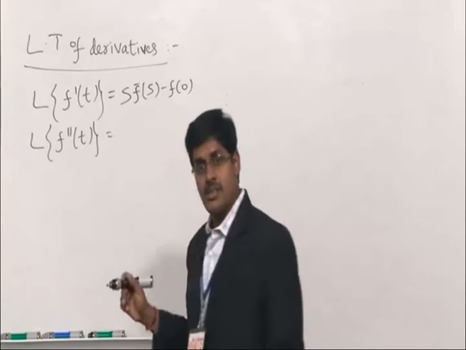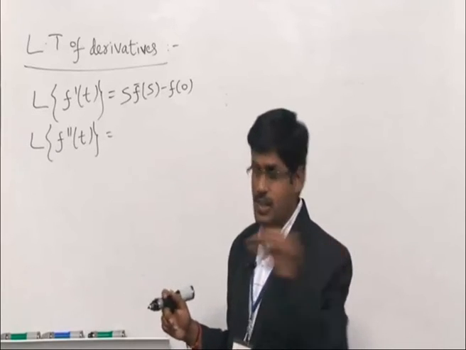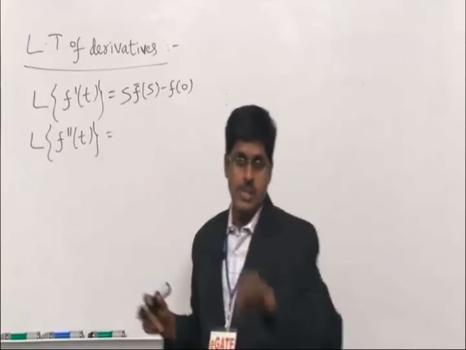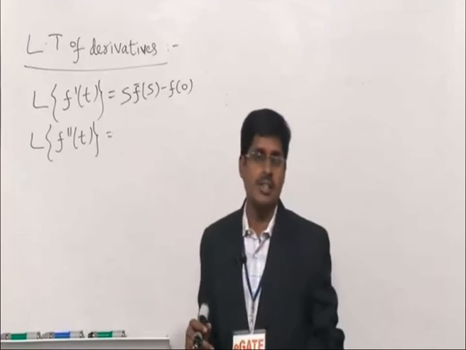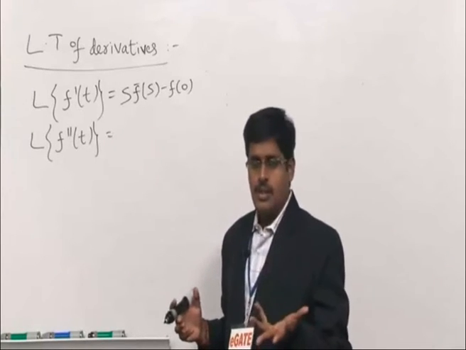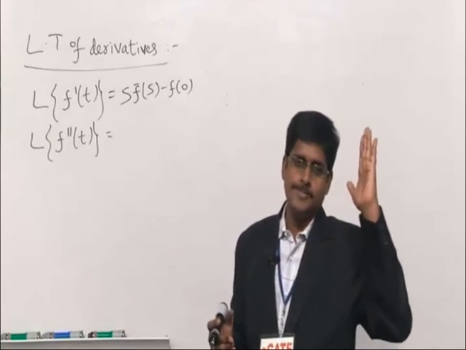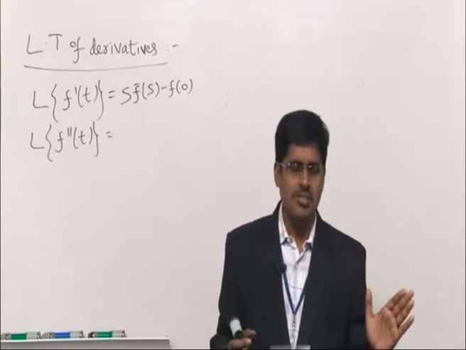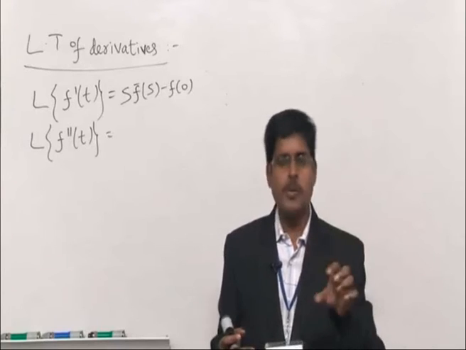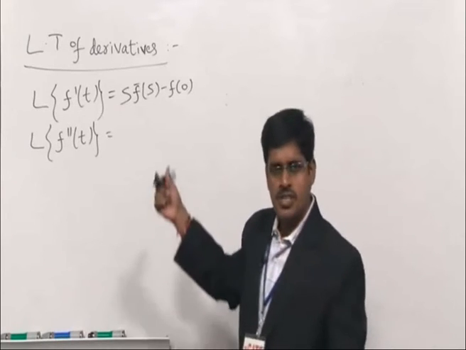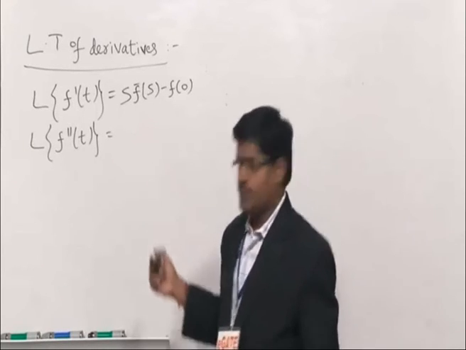Using the statement purpose, the question comes directly asking for L of f dash t. Sometimes the question asks for L of f double dash t. Sometimes the differential equations which cannot be solved by the auxiliary equation and CF can be solved by Laplace transform, first of all with the help of this property.